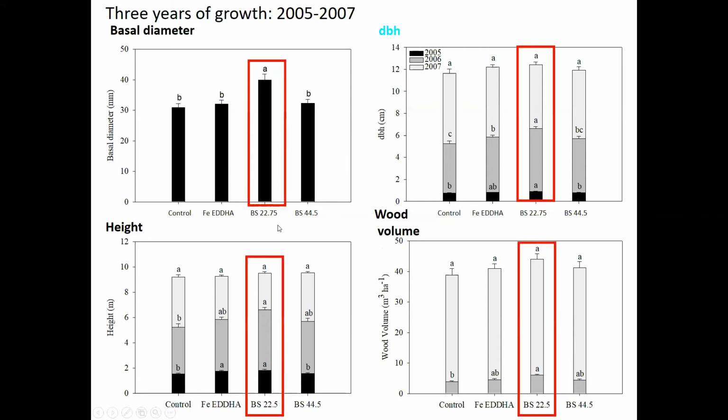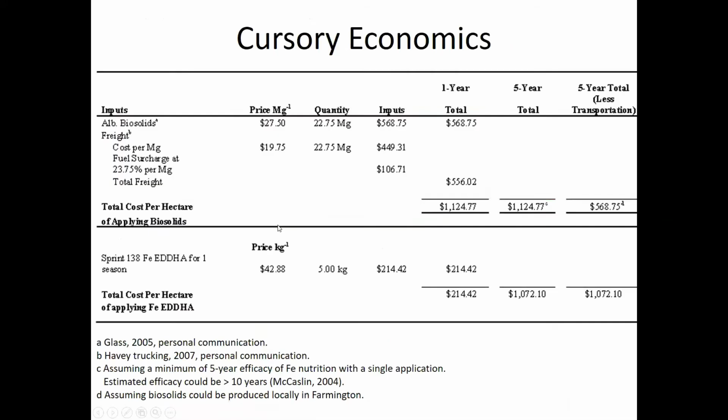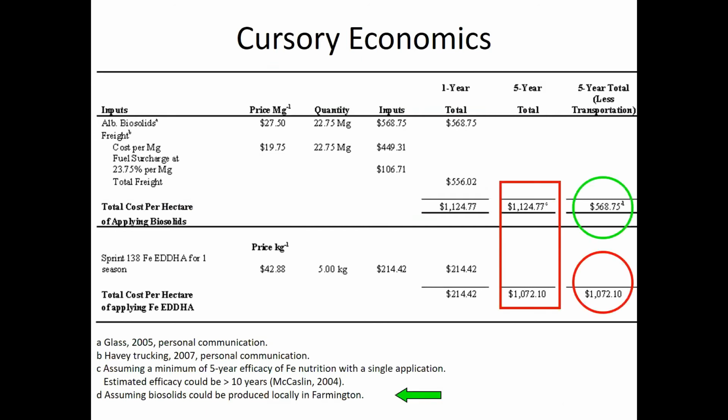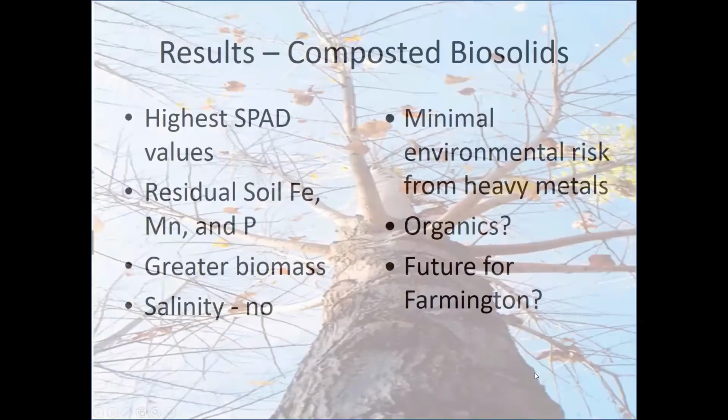Same with all these other parameters here. I didn't see Michael Patrick on the conference call, but he's a numbers guy. And when you look at the cost of using a waste stream like composted biosolids, you actually could do this much cheaper than buying synthetic fertilizers. That's kind of my point here.